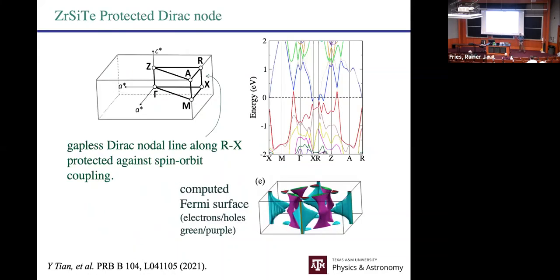Now calculations show that there is one of the nodes that's protected against spin orbit coupling. And that's the one that's a map of momentum space. So along the R to X line, which happens to be right at the Fermi level for this system, there is a line of nodes, and that's the thing you see in the band structure there.